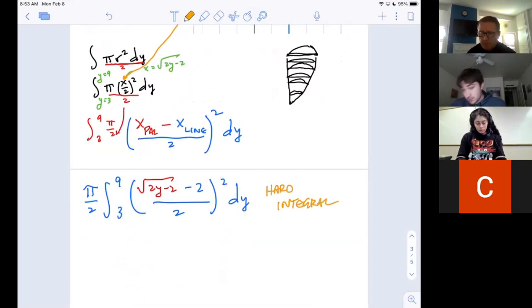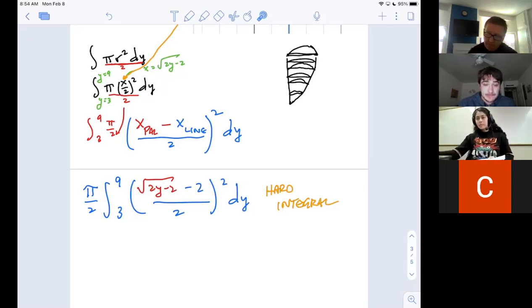Well, doesn't that square root go away if you were to multiply it out with the squared? Yes, it's going to go away when you square this, but the problem is then you have to take 2 times this. Remember, you have to FOIL it out. Oh, yeah. Okay. And I'm not saying this is impossible. It's not impossible at all. You can definitely do this integral, but you do need to multiply it out.